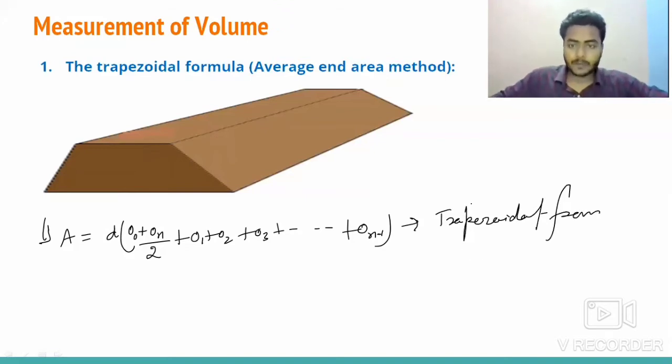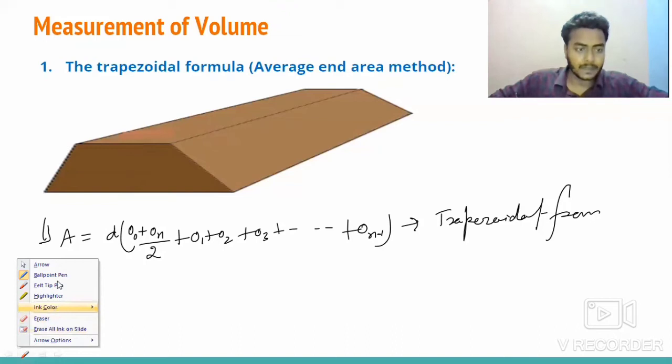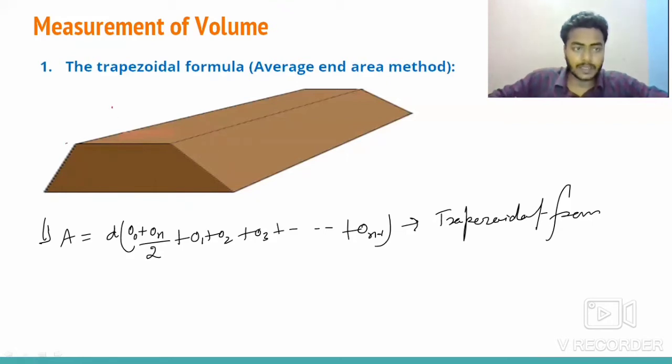Right. So this formula again I am going to use to calculate the volume. Suppose, let's give a name to this one, A1. Like this section, I am cutting this whole volume into a number of sections at equal division. For the cross section area we are getting at this point, I'm giving the name A1.